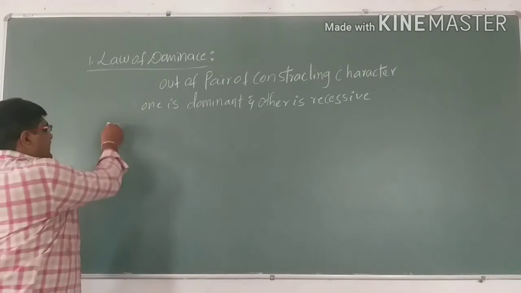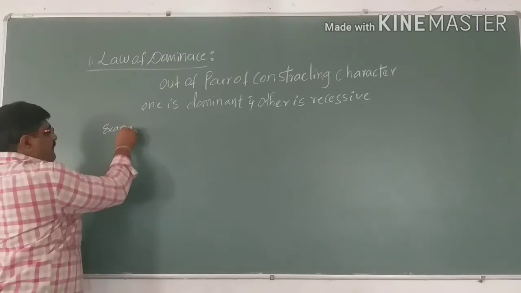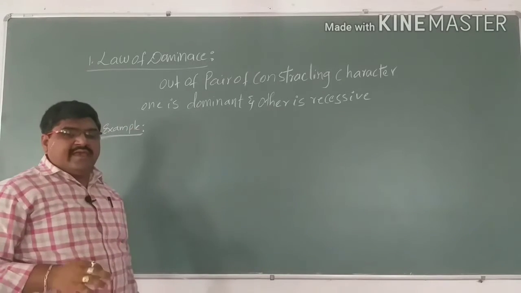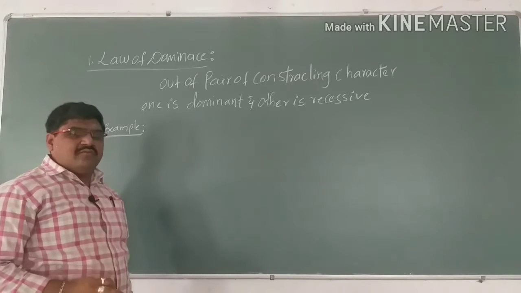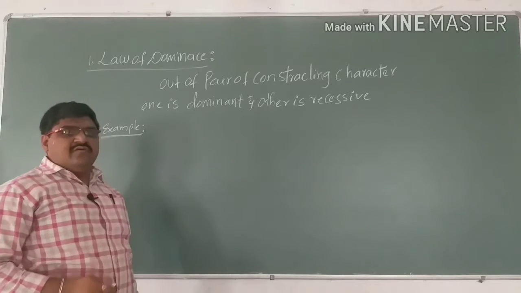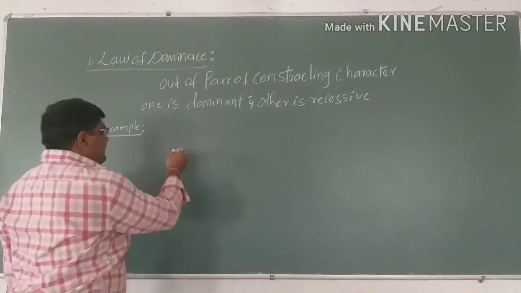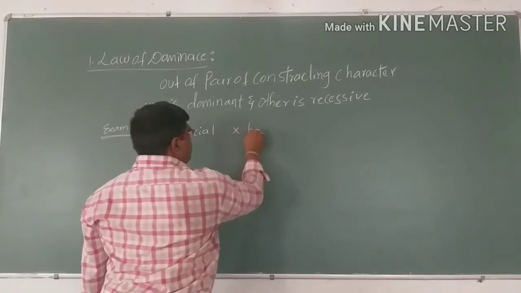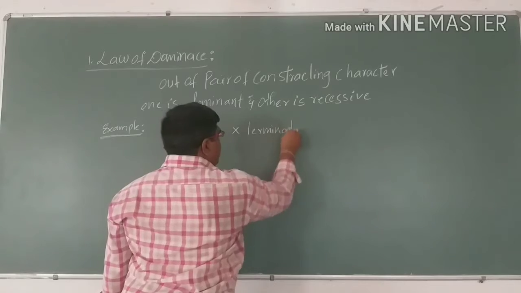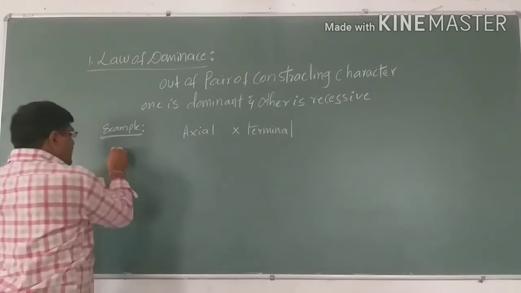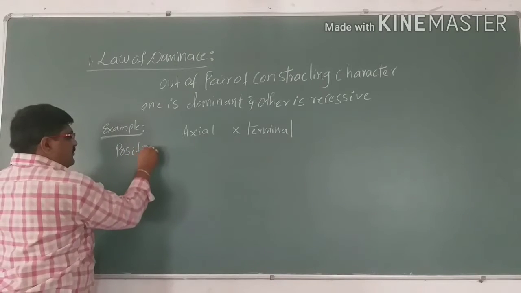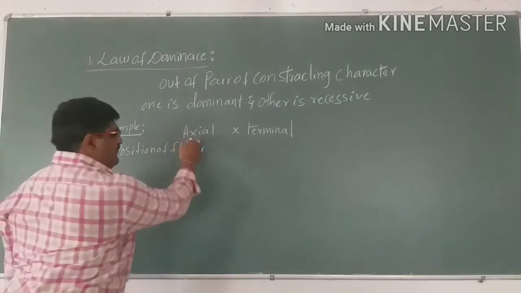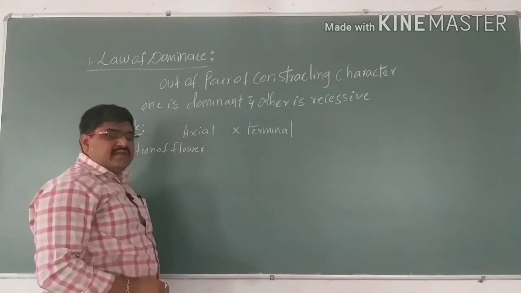For example, there are 7 pairs of contrasting characters, and we can take any one of them. Take the position of the flower: one is axial and the second is terminal.